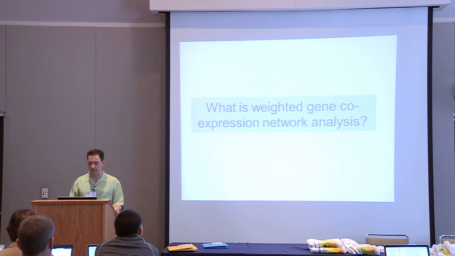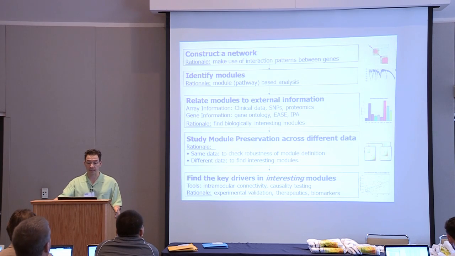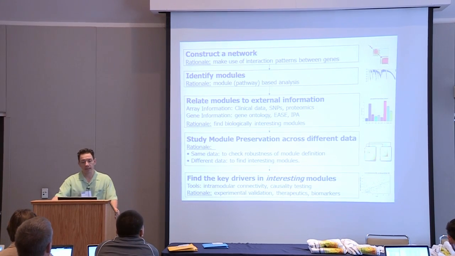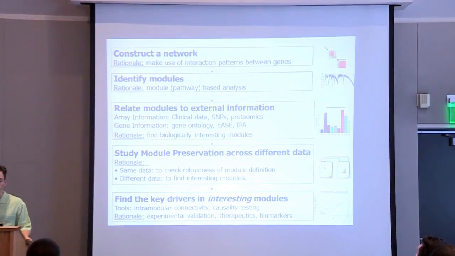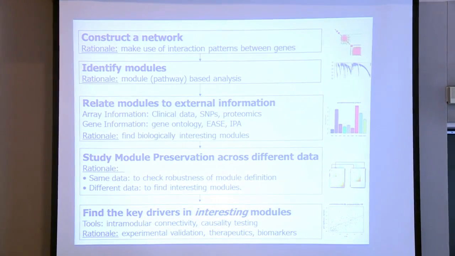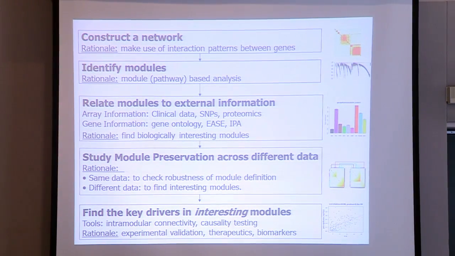So what is WGCNA? It typically proceeds along these steps. We start out constructing a network among genes, for example. And the rationale here is to make use of the interaction patterns between genes. Most genes don't function in isolation.